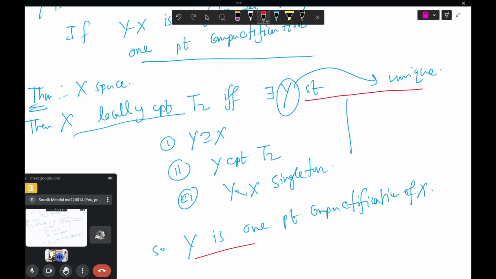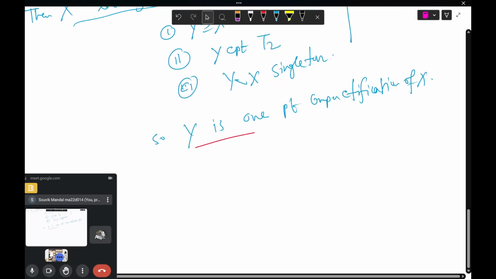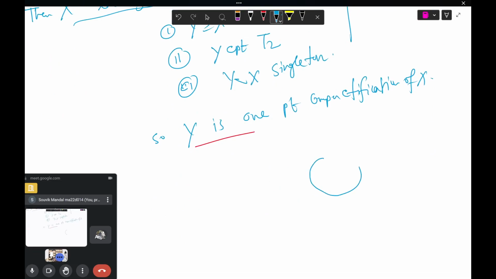So basically, what does one-point compactification mean? Suppose you have some circular arc like this, but it is not properly connected. One point is missing there.